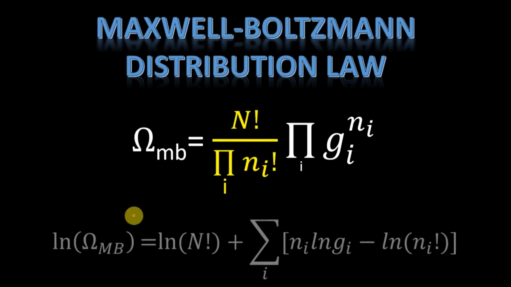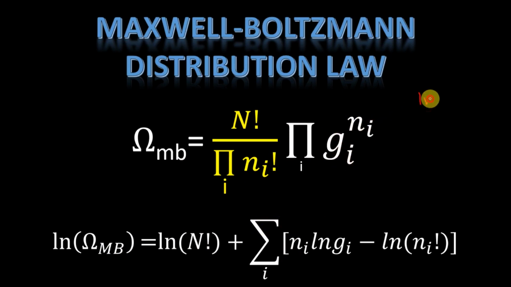So taking log of this thing, log of omega MB is equal to log of N factorial plus this thing. It is in multiplication, but when we take logarithm, this changes to summation. In here we have g_i raised to the power n_i, but we know that log of m raised to the power n is n log of m. So this n_i comes down, n_i ln g_i.